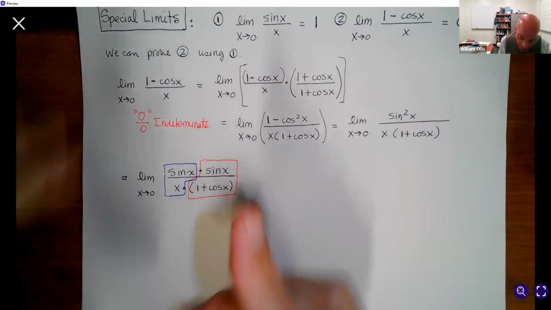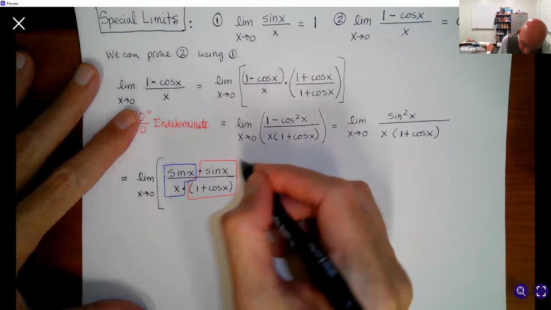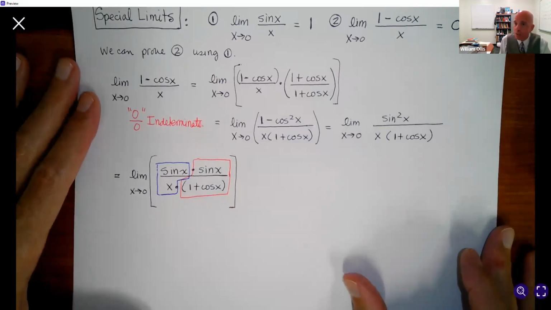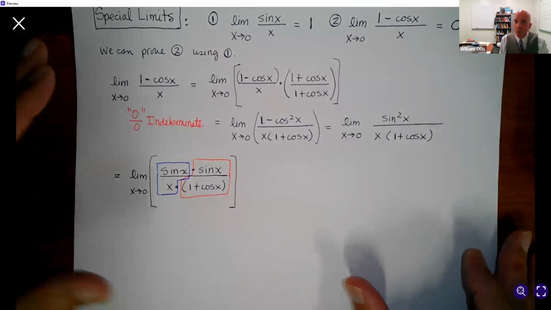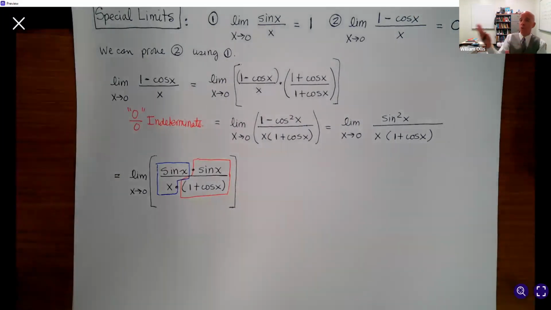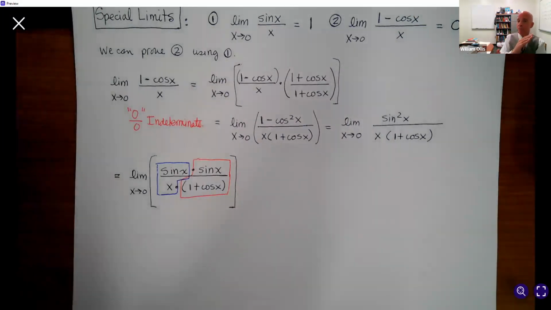So now we have the limit of a product of two functions. Now, we go out on a limb and say, okay, let's break that up into the product of limits and then keep our fingers crossed that those two limits actually exist. Because if they do, then we've worked the theorem backwards and we have a correct result.